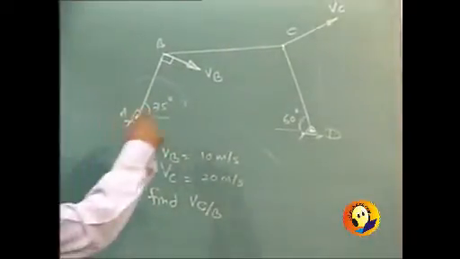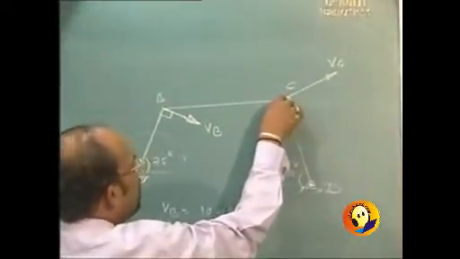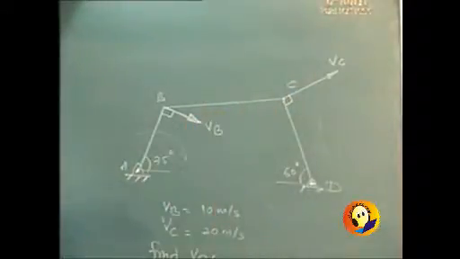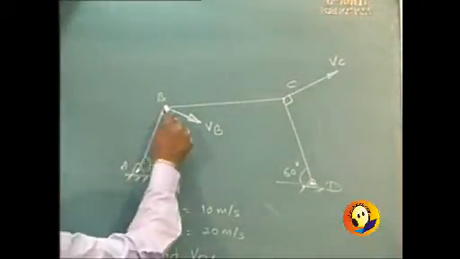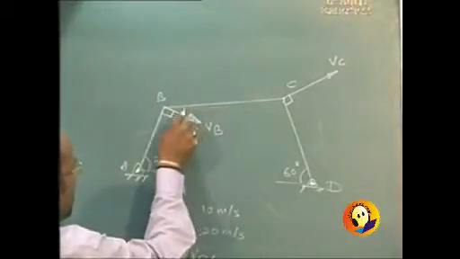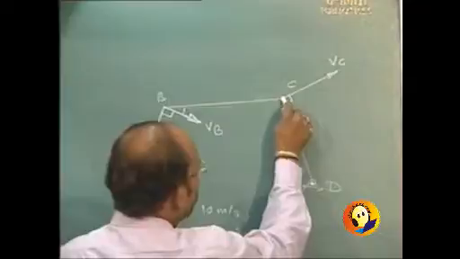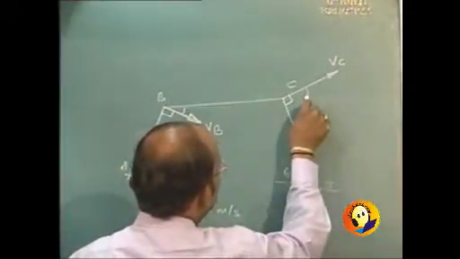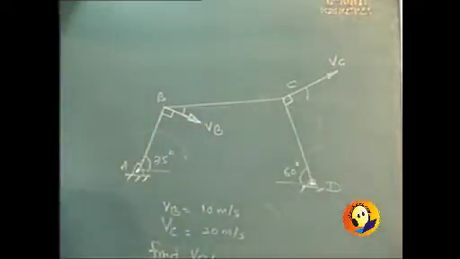Now if you could draw these two velocities, then finding velocity of C with respect to B will be simply a problem of trigonometry. So for velocity of B, we can consider its horizontal component and we will require this angle. Similarly for velocity of C, we will be requiring this angle. So it is going to be a calculation based on the angles only.